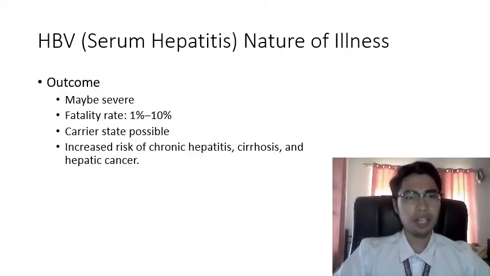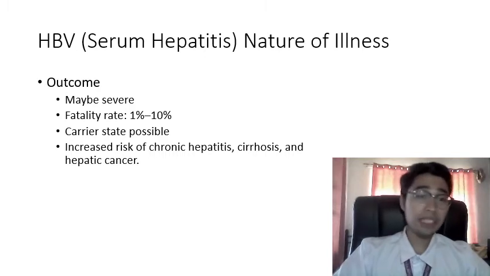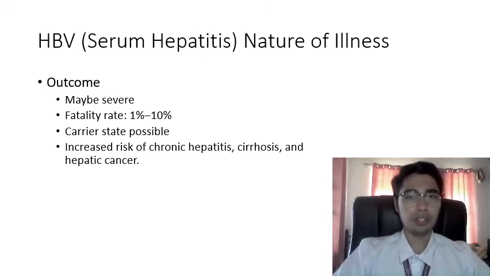Okay, now what is the outcome for those who are infected? It can be severe for them, because 90% of people who contract hepatitis B infection will develop antibodies and recover spontaneously in 6 months.